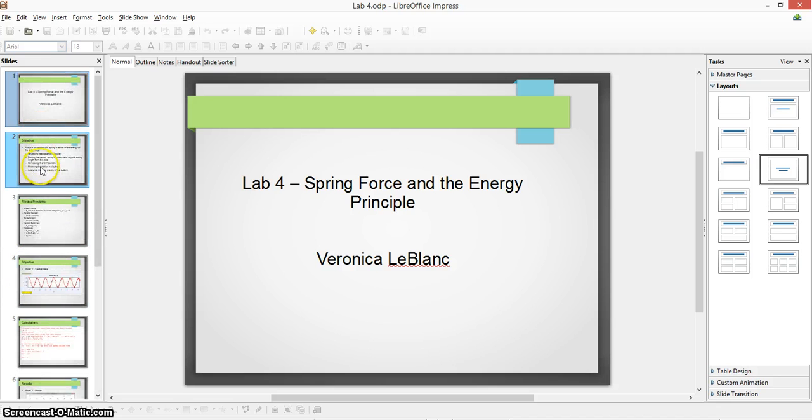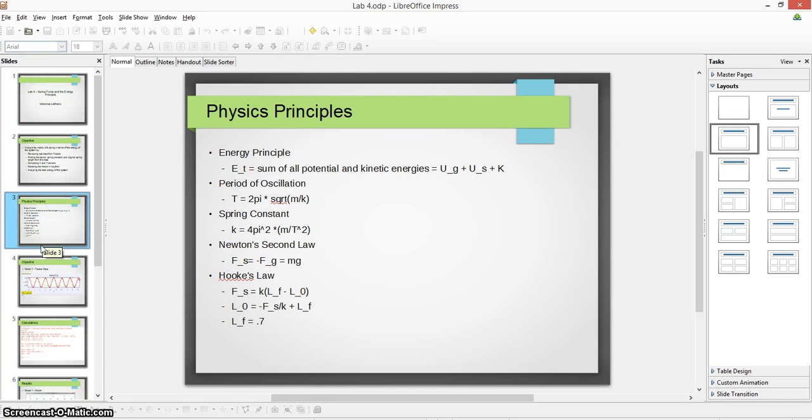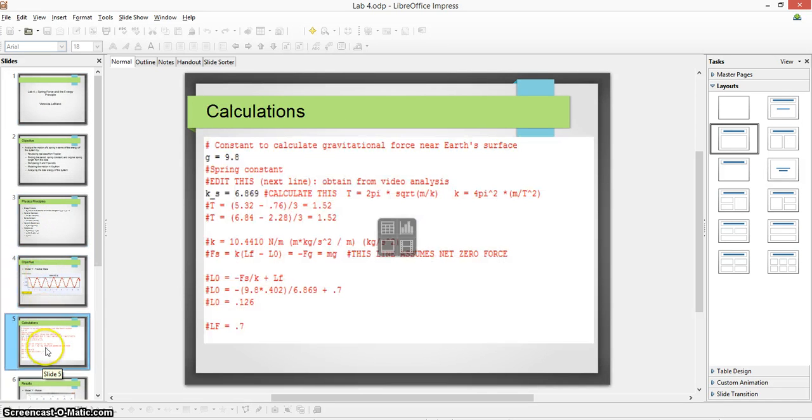Now back to here. Here's giving you an idea of what my calculations were, how I derived the different formulas for my particular model. The final spring constant that I arrived at for the Y direction is 6.869, and the initial length of the spring I calculated to be 0.126.